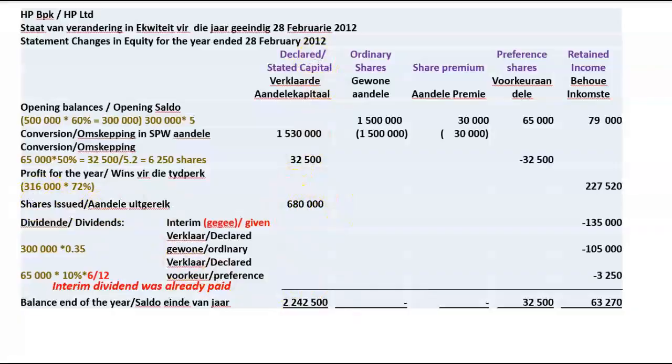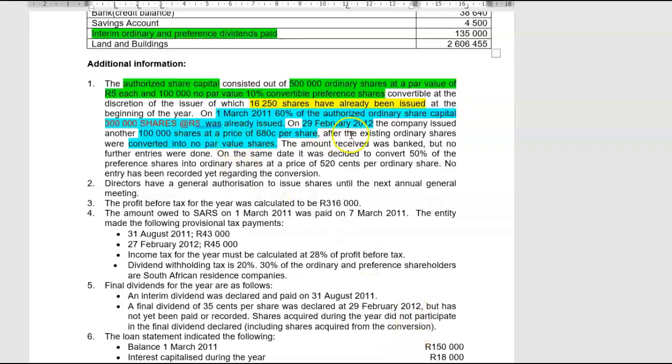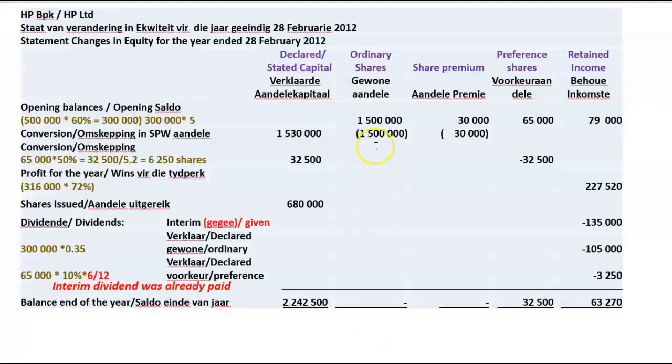And then they told us further, if we read further, after the existing ordinary shares were converted into no par value shares. So what happened first? First, the conversion of the shares into no par value shares has happened. So what do I do? I transfer the capital amount out of ordinary share capital, and I transfer the share premium attached to that share capital.